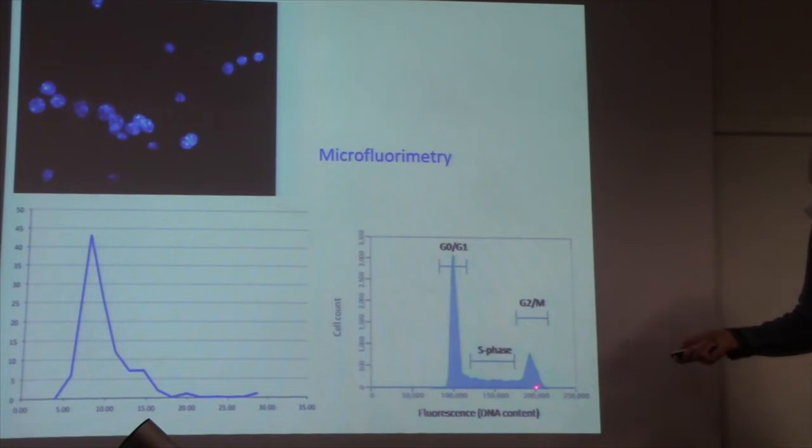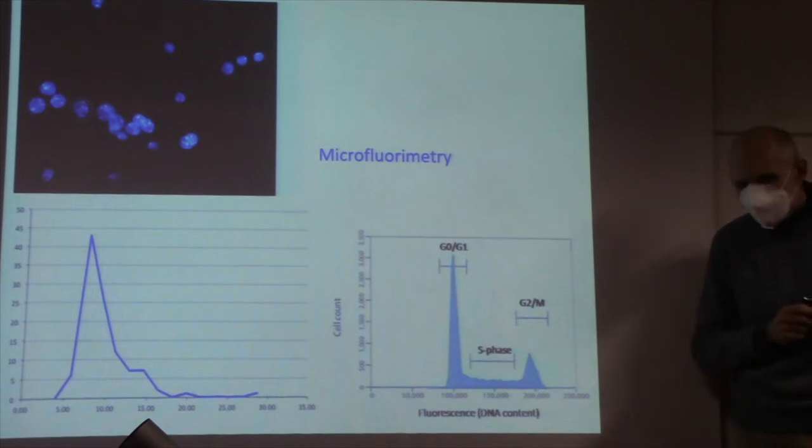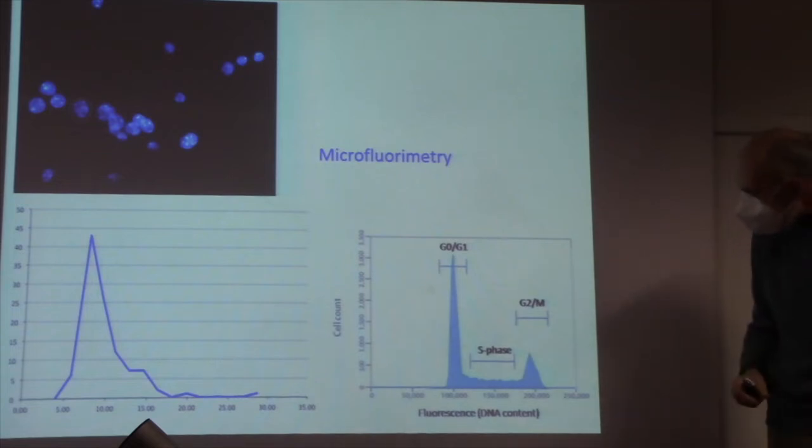Right. The reason why this peak is not exactly twice as this one is because it contains mitotic cells. Mitotic cells have highly condensed DNA, which incorporates less stain, so it is dimmer, less bright than the other G2 cells, and so the peak as a whole is shifted a bit to the left.